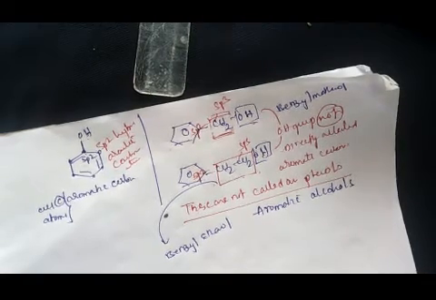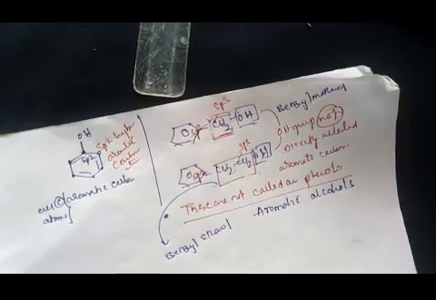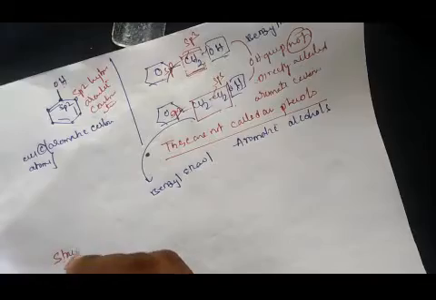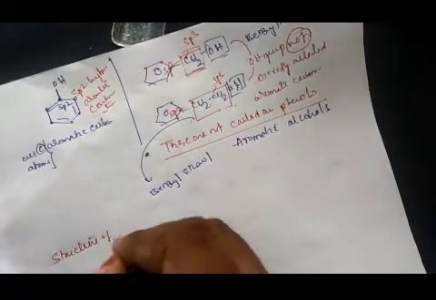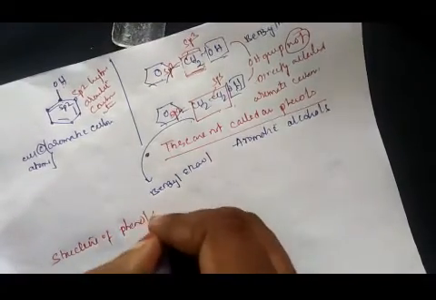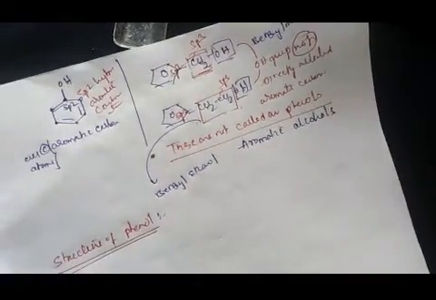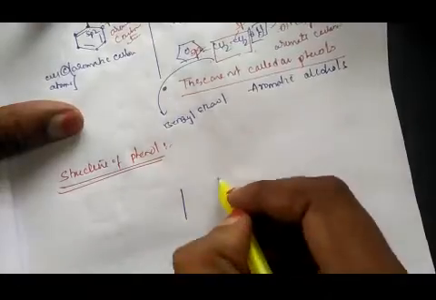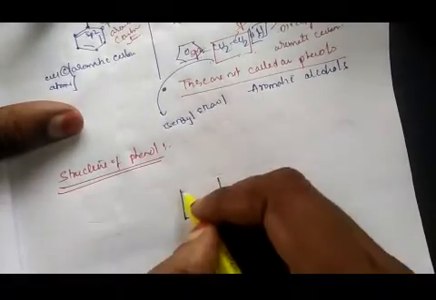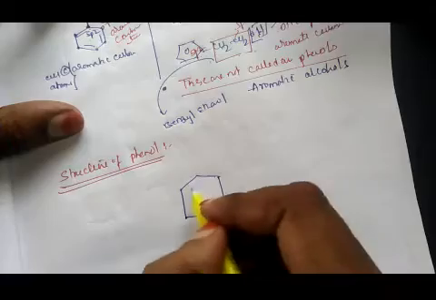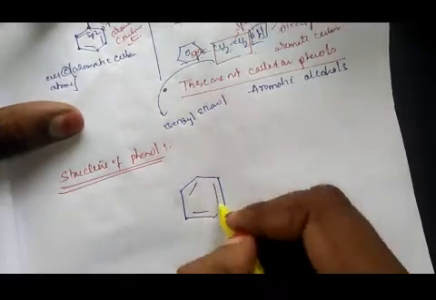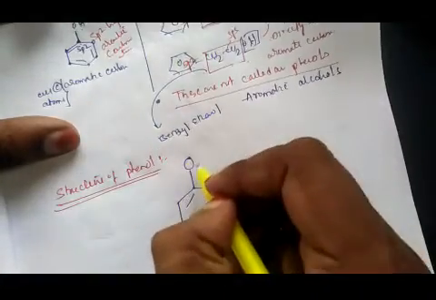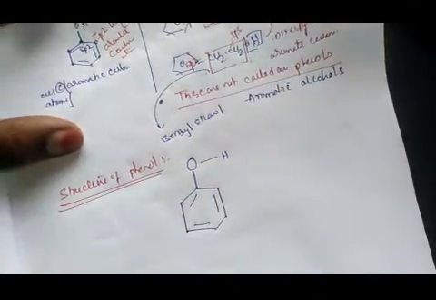Okay, coming to the structure, we will discuss the structure of phenol. You have to write alternating double bonds, that is, conjugated double bonds. We have oxygen here, and there is a hydrogen here.